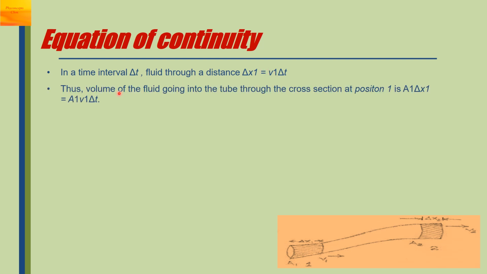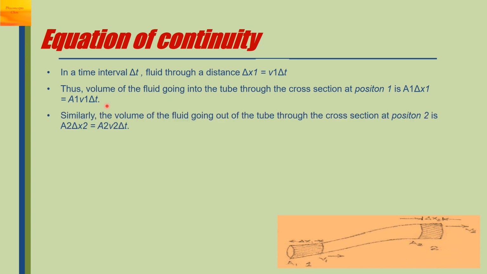Now we will write down the volume of the fluid going into the tube through this cross section at position 1. We will have to multiply this distance with area, so A1 into delta x1, so A1 v1 into delta t. Same way we can write down for the other cross section at position 2, that will be A2 v2 into delta t.